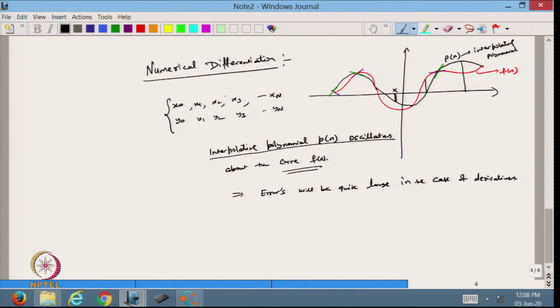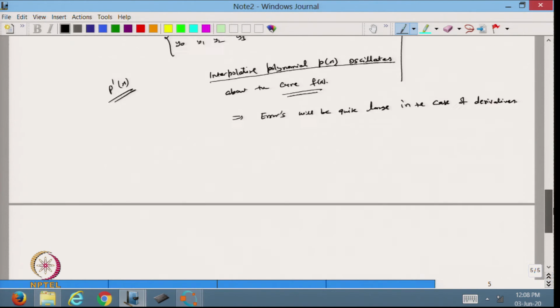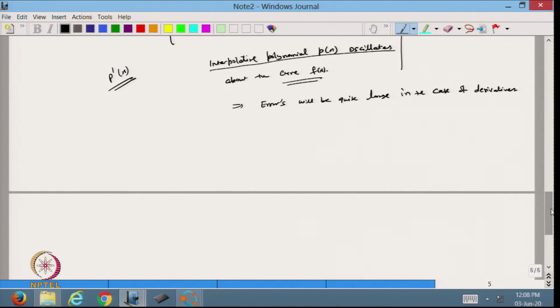Suppose I have somewhere an x here and I want to find what is my P2 derivative at this x, or maybe Pn, I should define this as P. This is my interpolating polynomial and I want to find the value of the derivative at any x. In this case we will take the help of the previous unit.